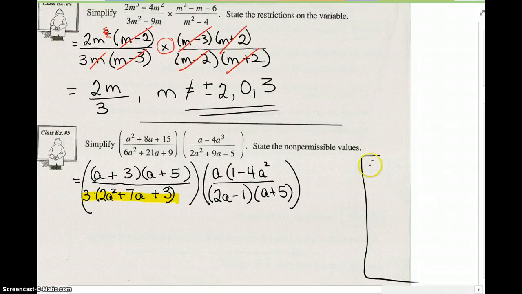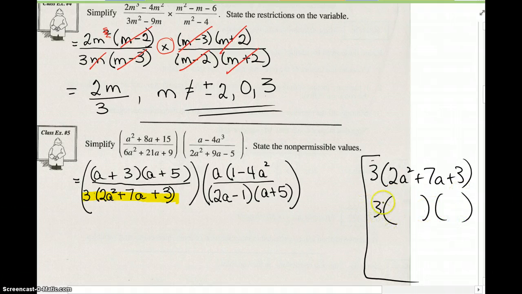What I would have done, I would have gone over here and written it 2a squared plus 7a plus 3, and then I'm going to factor it at this point. And then what that'll allow me to do is end up doing my factors 2a plus 1 and a plus 3. That will work. And so that way I don't have to use another line.